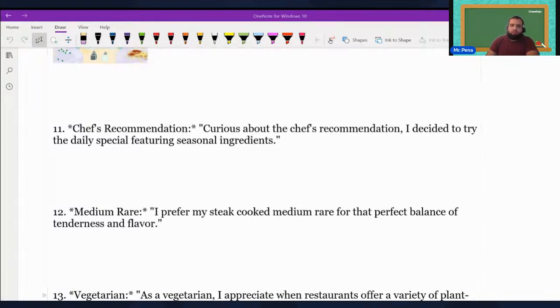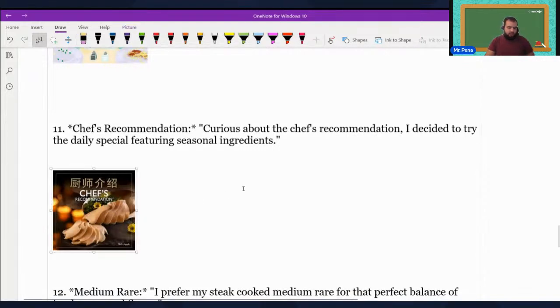A chef's recommendation is the special food that is the favorite food.